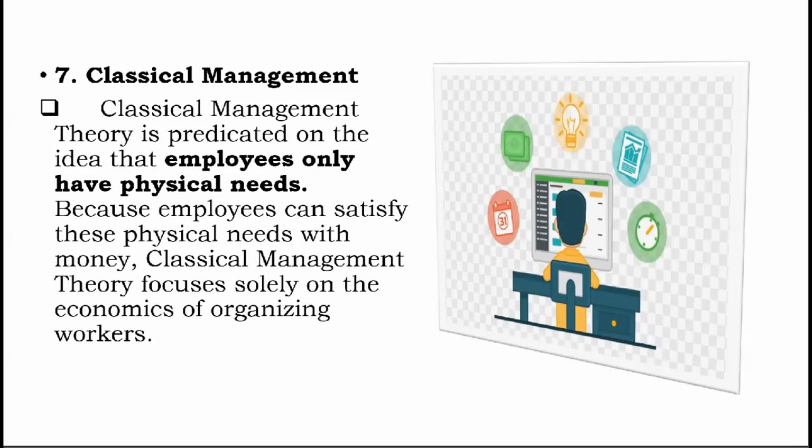So the theory focuses solely on the economic side of organizing work. Okay? That's why classical management theory advocates 7 key principles. Again, classical management theory po, nag-a-advocate ito ng 7 key principles.